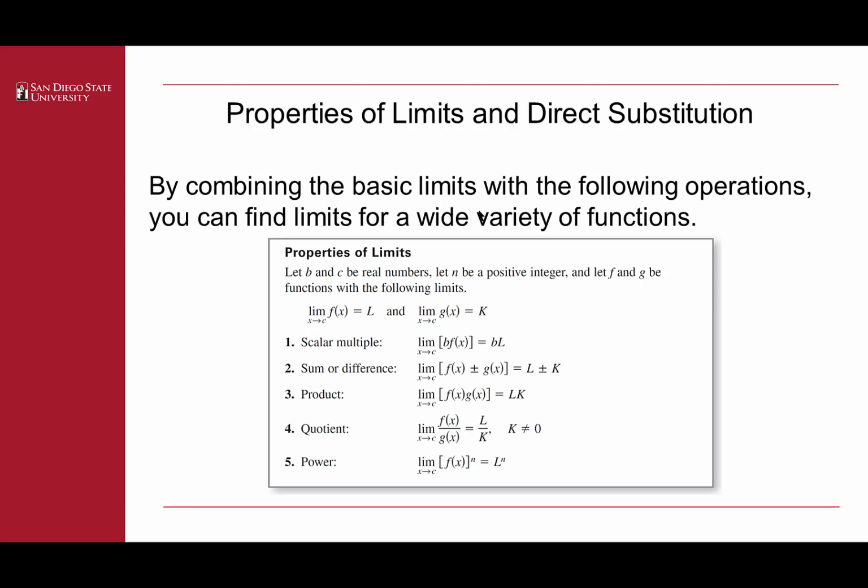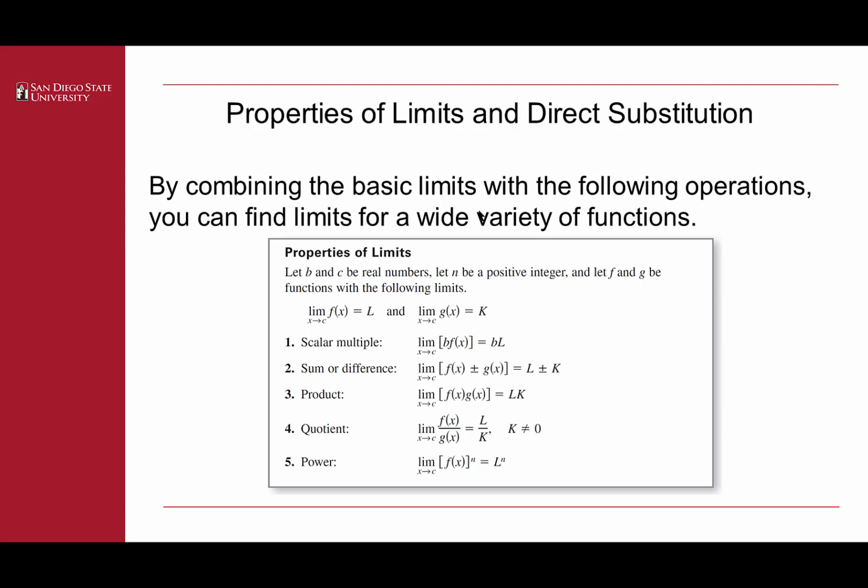Sum or difference: the limit of f of x plus or minus g of x, where x approaches c, would be L plus or minus K. So we can just add or subtract the limit values of the functions.